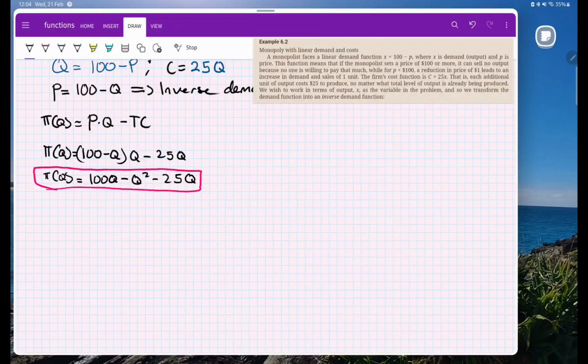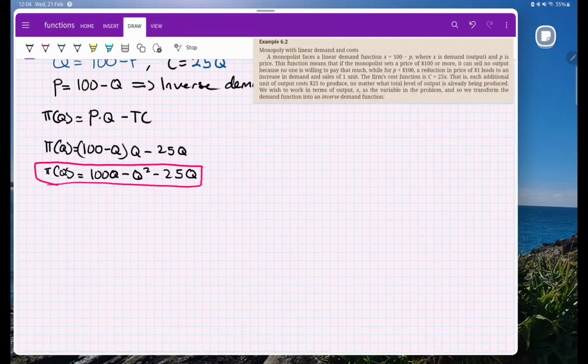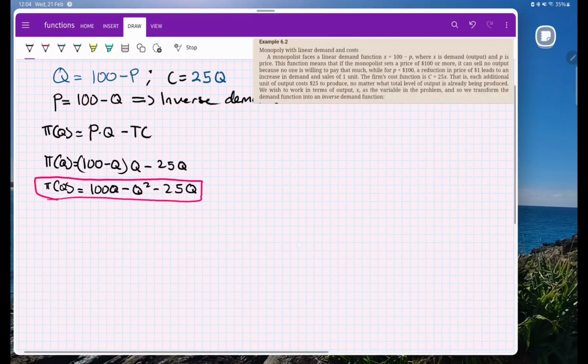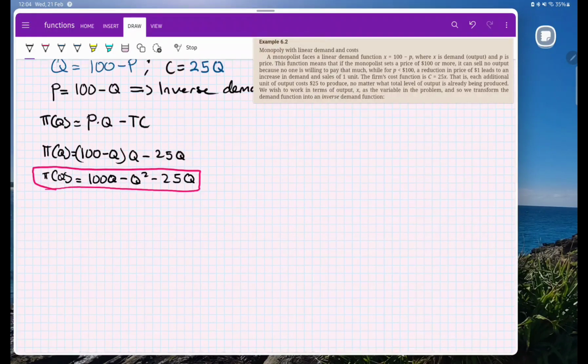So what do we do with that in order to find the maximum profit? Well, there's a couple ways you could go about it, but in order to solve it in terms of what we want, you could take the first order conditions of this profit function and set it equal to 0.